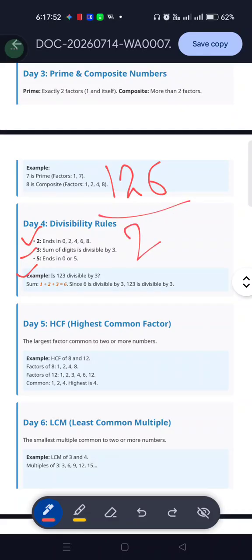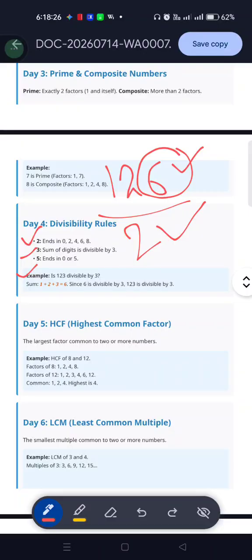So by seeing the last digit you can easily say yes, it is divisible by 2 because it is an even number. Numbers which are even in the ones place, if an even number is given, that number will be exactly divisible by 2. Okay, so in 126 the ones place digit is 6, which is an even number, so it can easily be divided by 2, so it is divisible by 2.